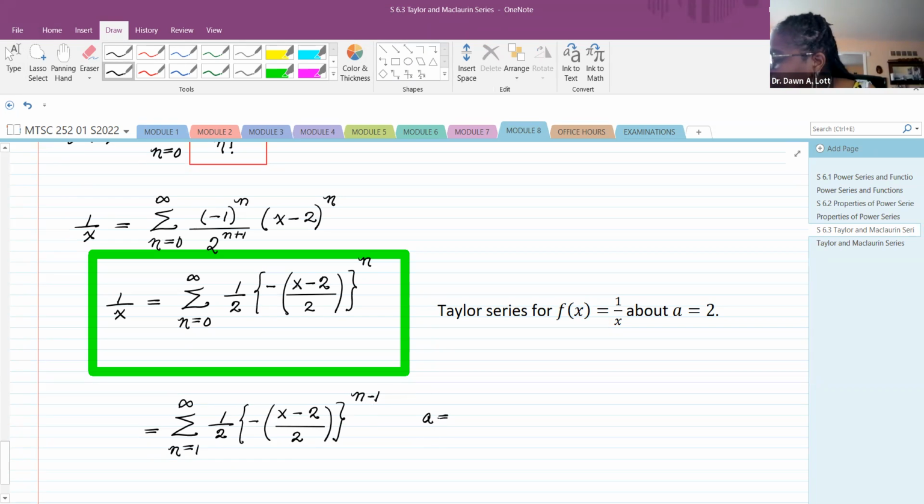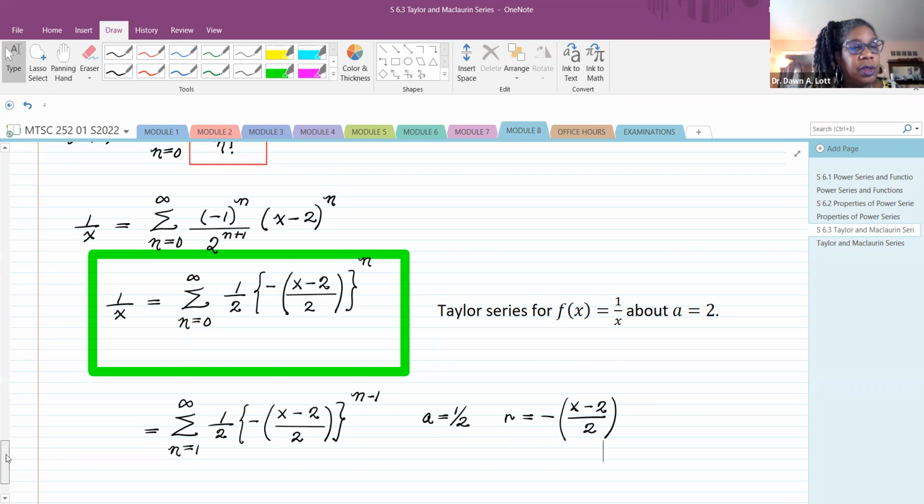Here a is 1/2 and r is equal to negative x minus 2 over 2. And we know geometric series converge.